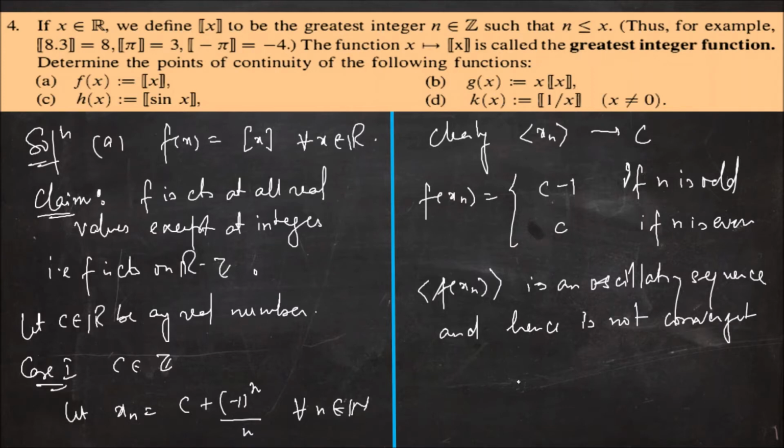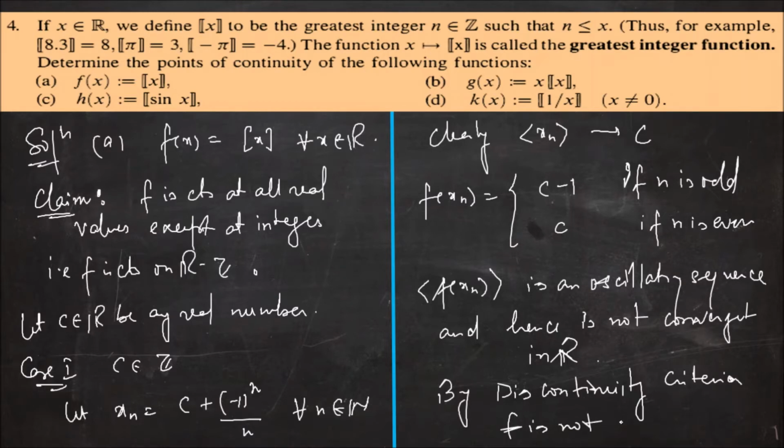So it is not a convergent sequence in R. So by the discontinuity criteria, f is not continuous at c. So in this case, we have shown that if c is an integer, then f is not continuous at c.